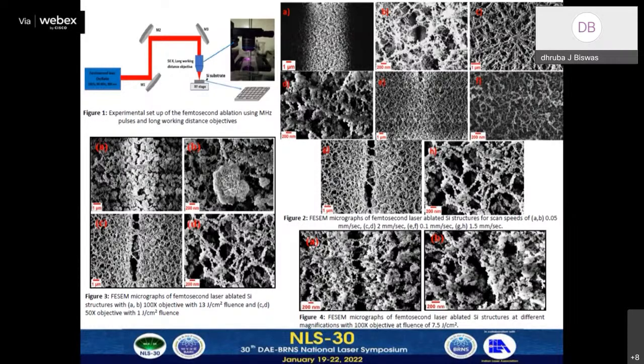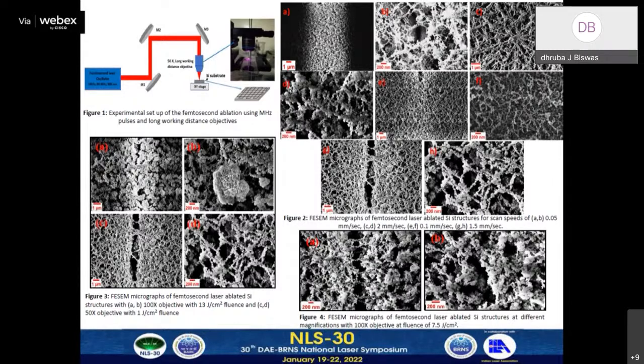We wanted to see what fluence can do to these silicon nanostructures. So we changed the laser fluence by changing the working objective from 50x to 100x, and we studied structures at the same scan speed. In this case, the silicon nanoparticles interestingly aggregated into clusters rather than web-like structures.